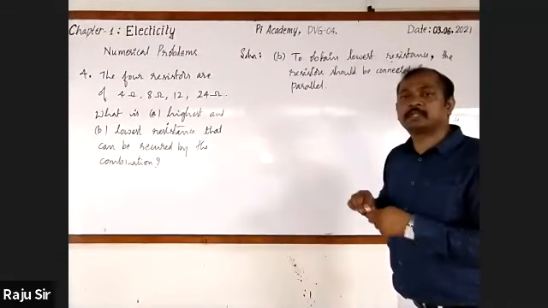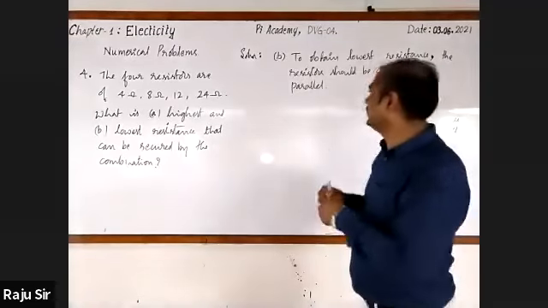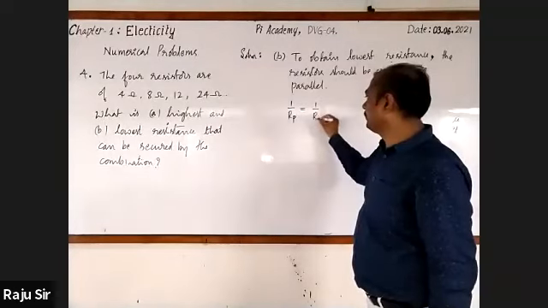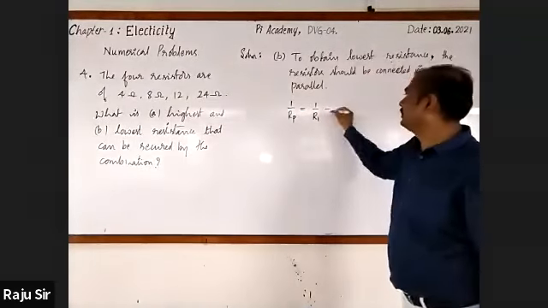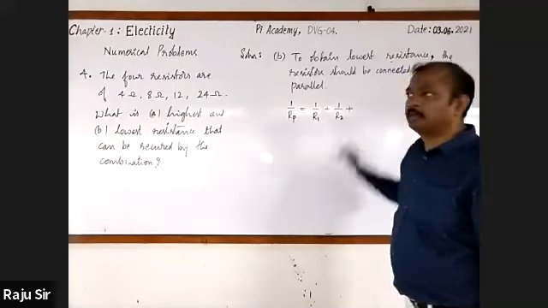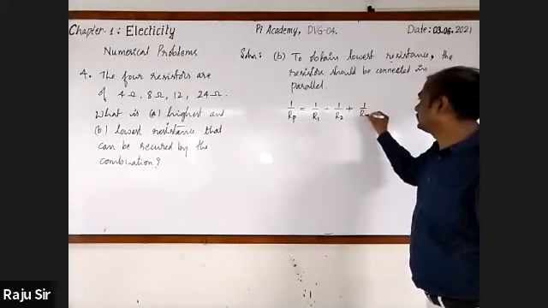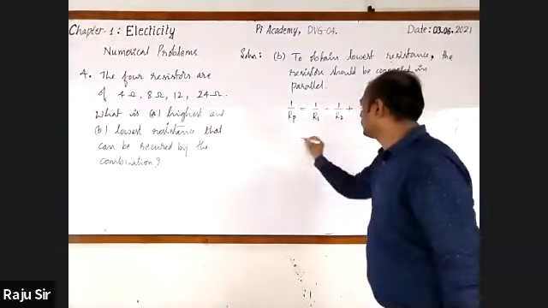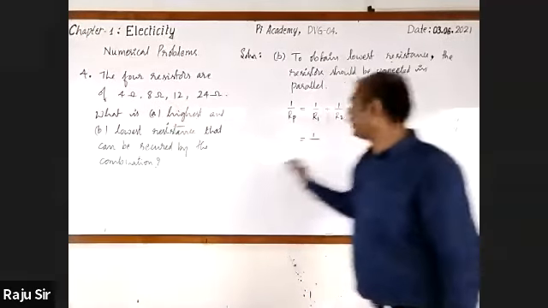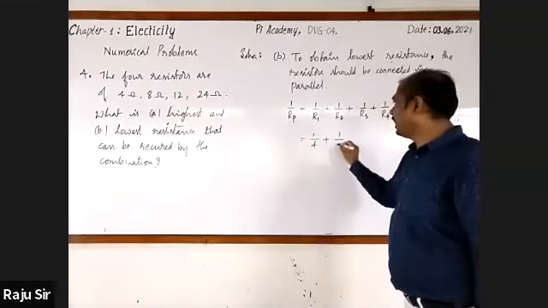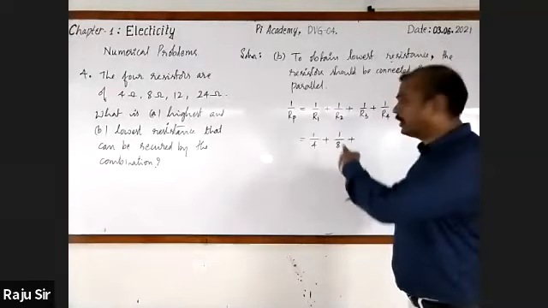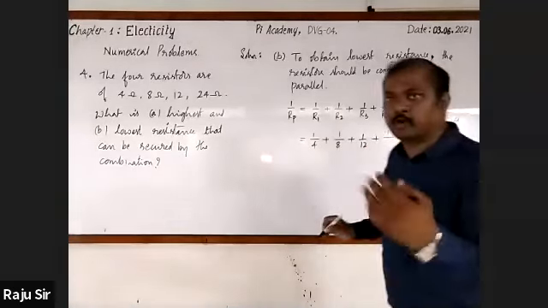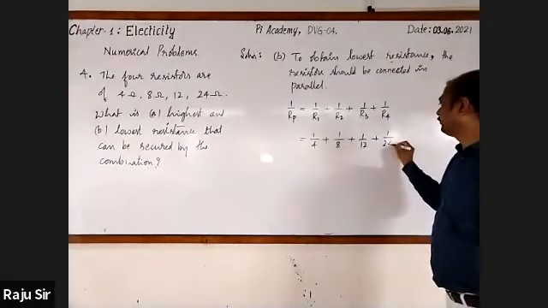The effective resistance when the resistors are connected in parallel: 1 by Rp is equal to 1 by R1 plus 1 by R2 plus 1 by R3 plus 1 by R4. Now this is equal to 1 by 4 ohm, 1 by 8 ohm, 1 by 12 ohm, and 1 by 24 ohm.